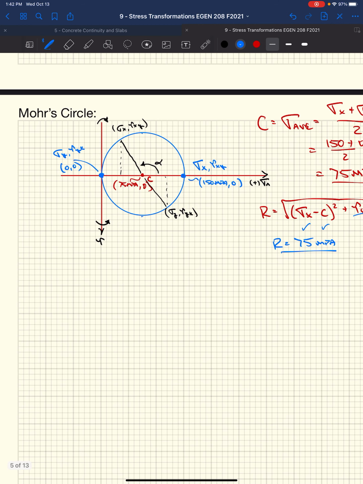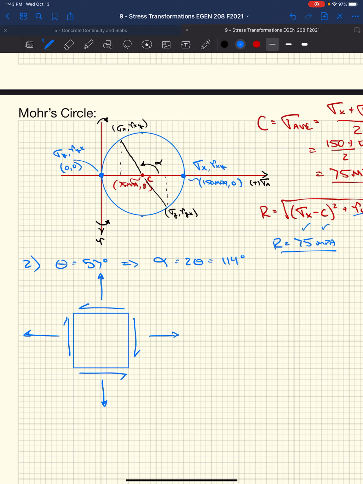So if we look back and we're trying to answer our question 2, where we had a theta equal to 57 degrees. Well, if theta is 57, we're going to move alpha in Mohr's circle, which is 2 times theta. Well, that's 114 degrees, right? So if we look at a stress cube, and I'm just guessing on directions right now, verify those later.